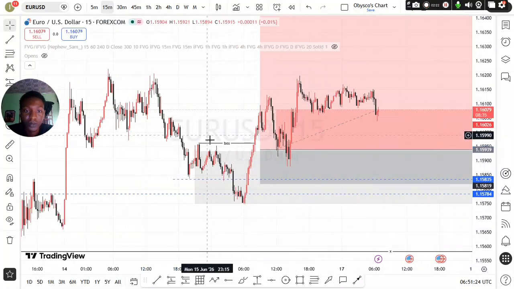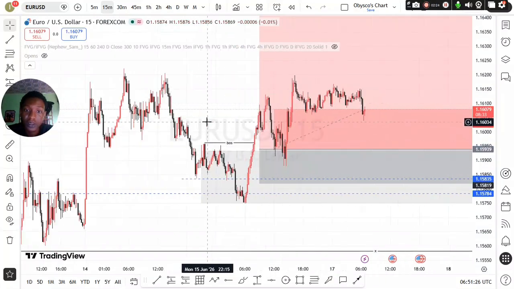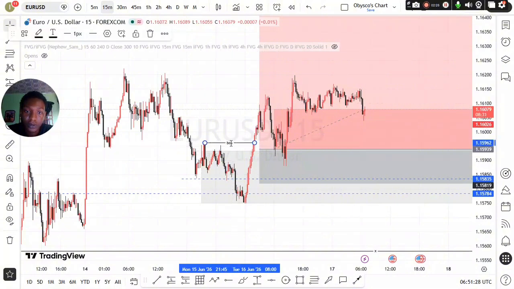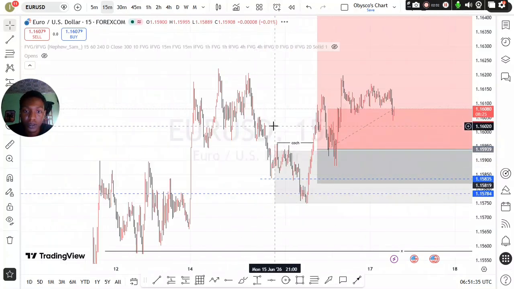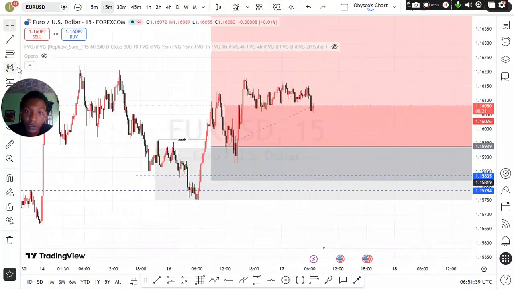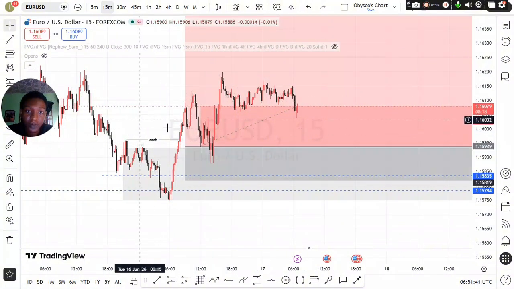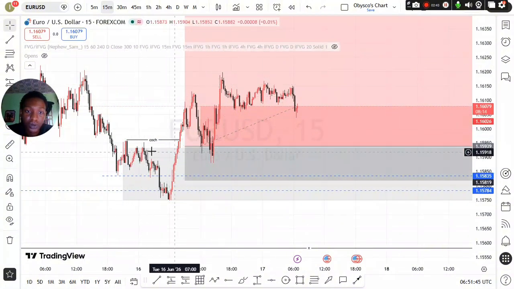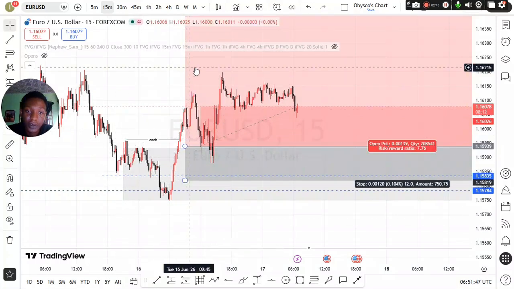It gave a change of character here, to the upside, indicating that price wants to buy. So that is when I knew that this order block was strong, because there's also a 15-minute confirmation.